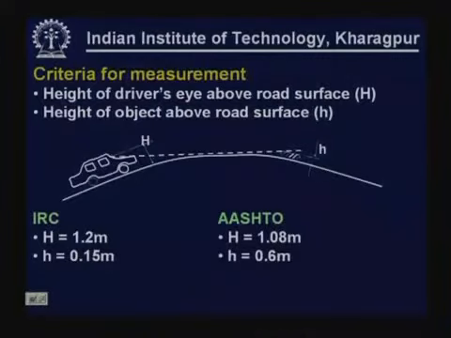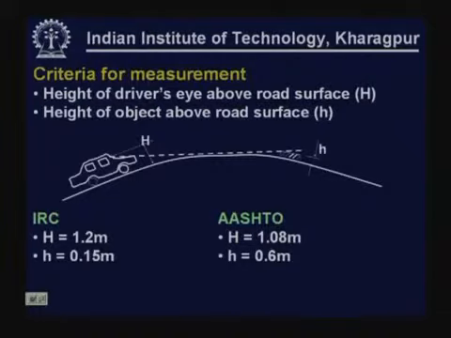So, as per Indian Roads Congress, the height of the driver's eye above road surface is taken as 1.2 meter and the object height is taken as 0.15 meter.